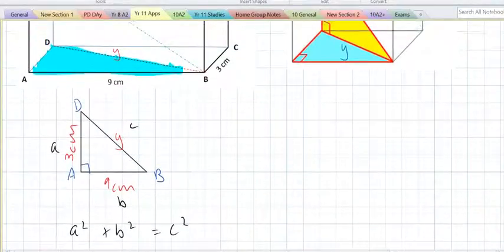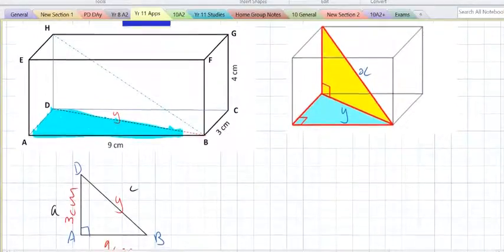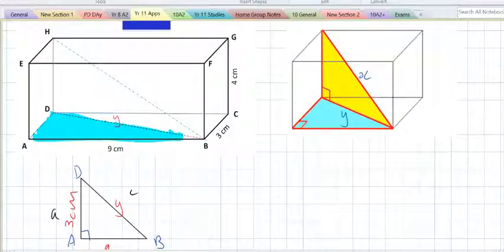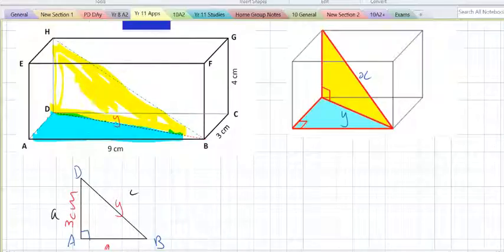So now we go back up, and this time we want to aim for our final solution, which is finding the longest diagonal in the room, so that's HB. And HB is part of this triangle here. And at what point is the right angle?